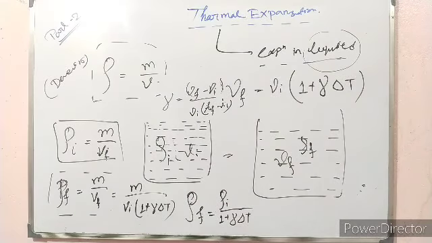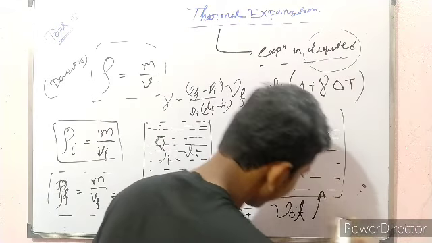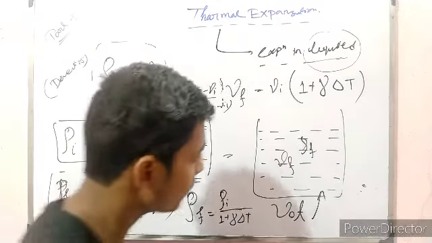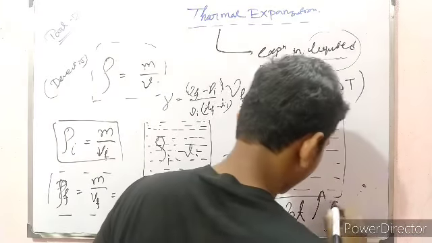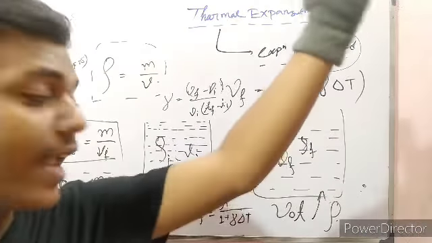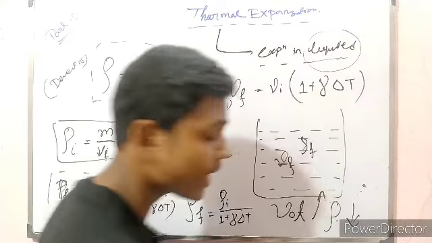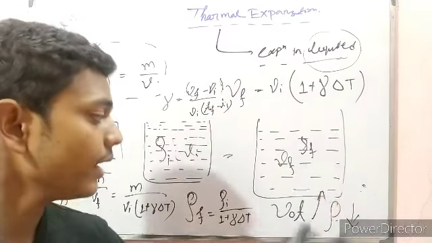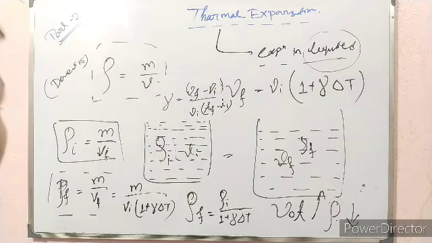Now we can see that if the volume increases, the density of the liquid decreases, which means they are inversely proportional. And likewise, if the temperature increases, the density decreases. I hope it's clear.